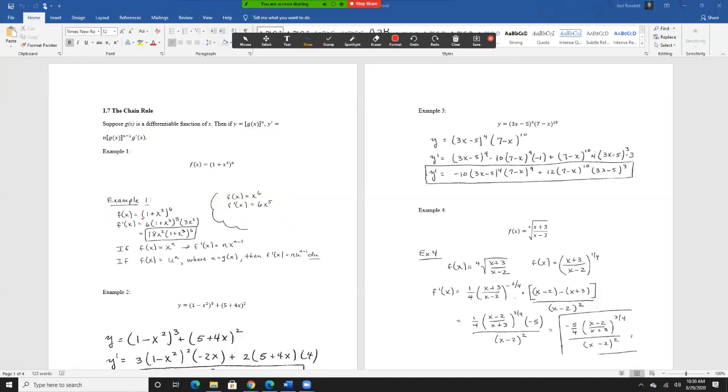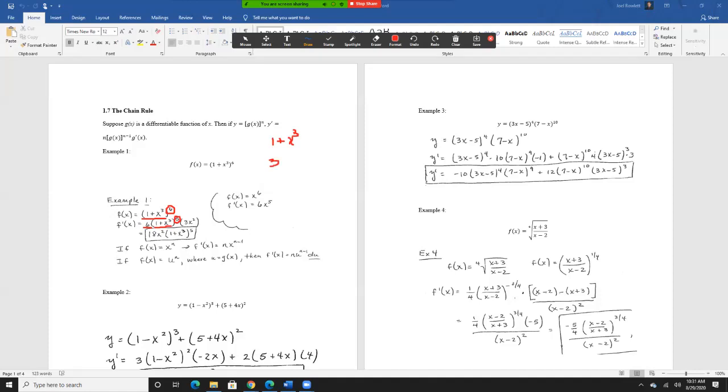Our function is 1 plus x cubed, and our power here is 6. So that's going to be 6 times the function itself, raised to the power of 5, because 6 minus 1 is 5. But since this is a function raised to a power, then we are going to multiply by the derivative of the function. Well, if the function is 1 plus x cubed, the derivative of the function is simply going to be 3x squared.